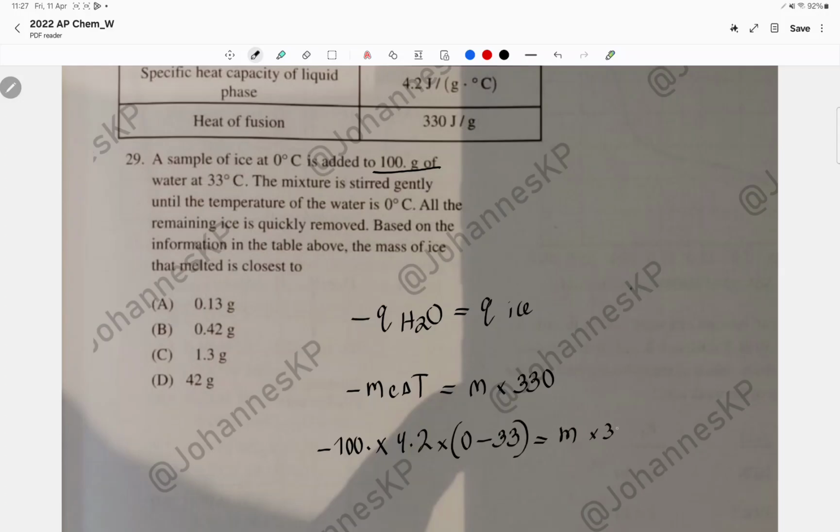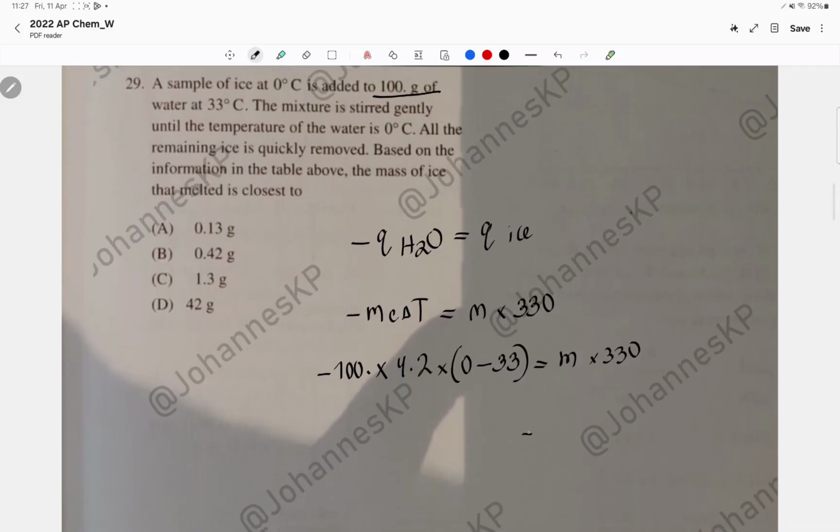Mass times 330. Probably not, but we'll talk about it. Okay. 42. Easy.